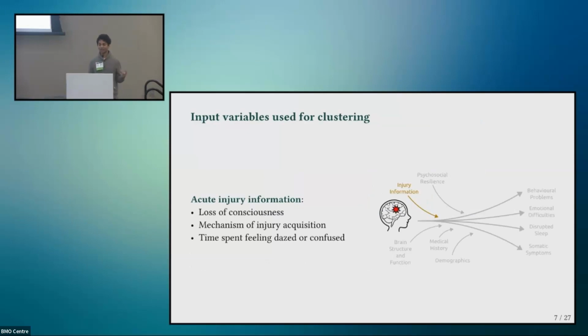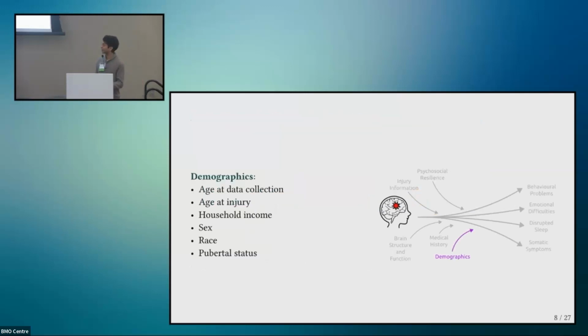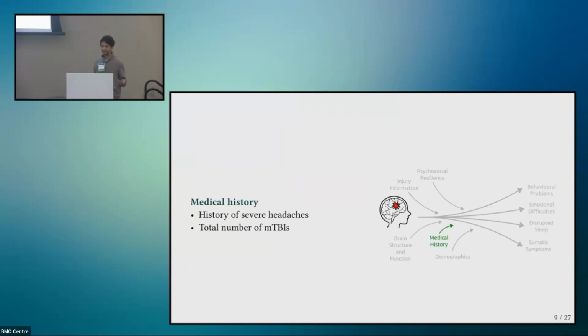Variables that we are collecting from this data set to use for the cluster analysis include details related to the acute injury, such as if the child experienced a loss of consciousness or felt dazed after their injury, and how they got their injury. Demographic information, including the age at the injury, household income, sex, race, and pubertal status. Medical history information, including if they have a clinical history of severe headache problems and how many previous concussions they've experienced.